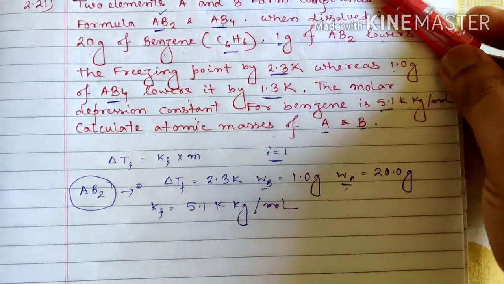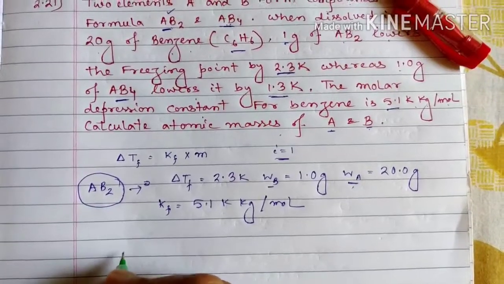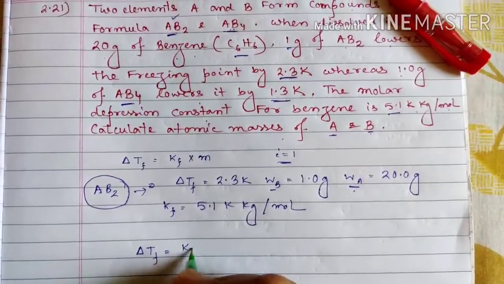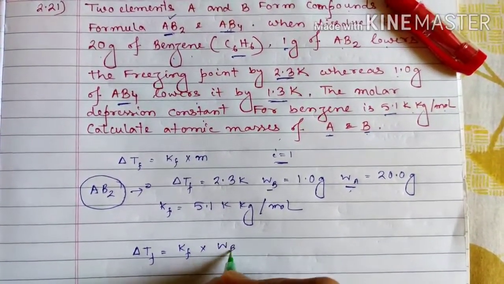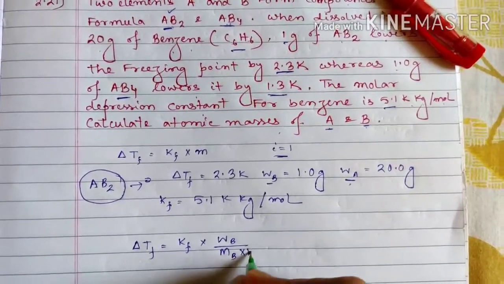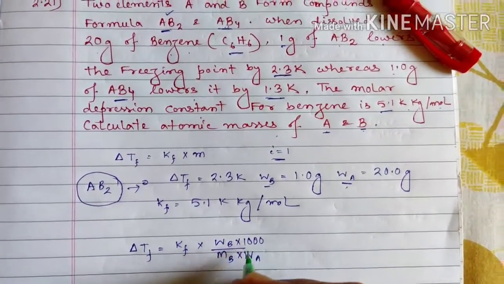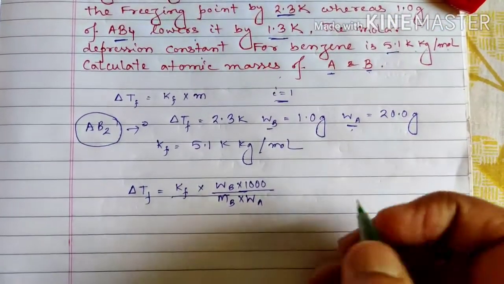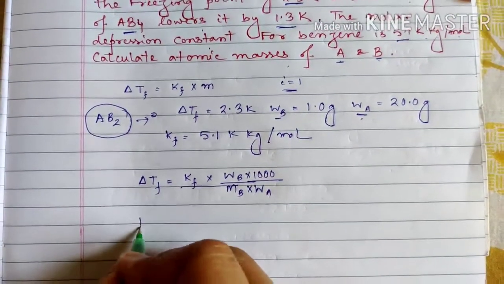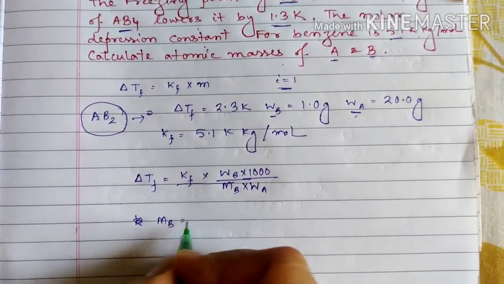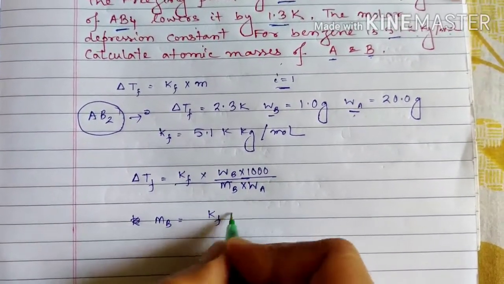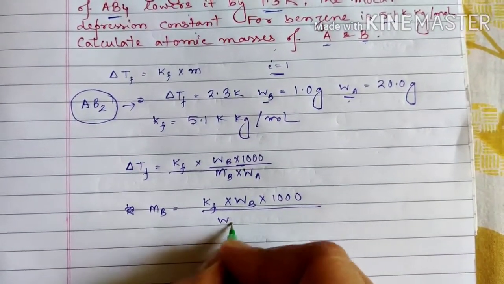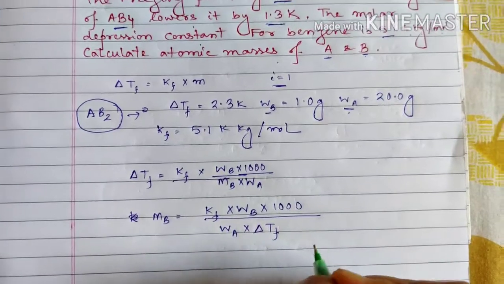Now if you want to solve it, the formula goes like this. Delta Tf is equal to Kf into WB by MB into WA into 1000. We are just substituting the value of molality. Now if we put the MB, it should be equal to Kf into WB into 1000 divided by WA into delta Tf.